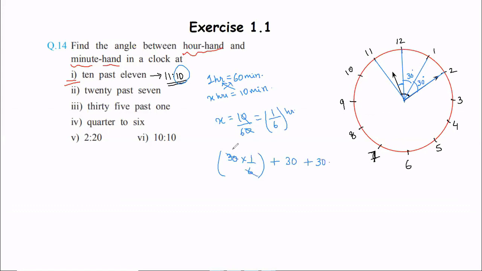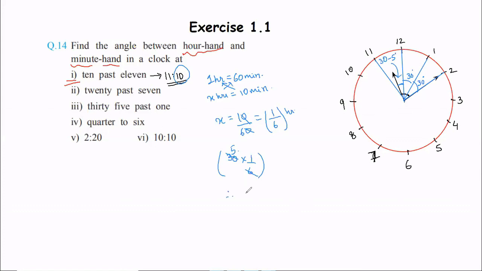You will have 5. So we need to subtract this 5 from the actual 30. Getting it? Fine. So the angle created over here will be 30 minus 5 degrees, as we have calculated.